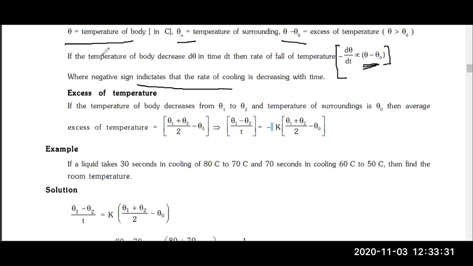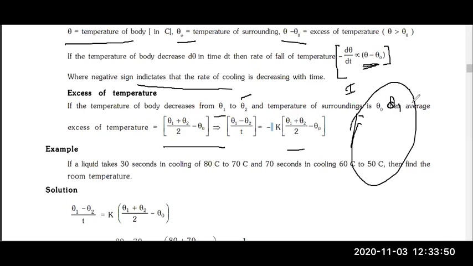Now, this is something that we got from approximation. Let's see. Suppose the temperature of the body is theta 1, and it's decreasing from theta 1 to theta 2. Outside it is theta naught only, because when you talk about surrounding, the temperature of the surrounding will not decrease.